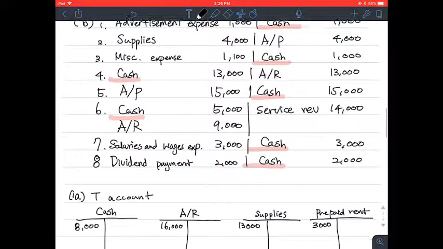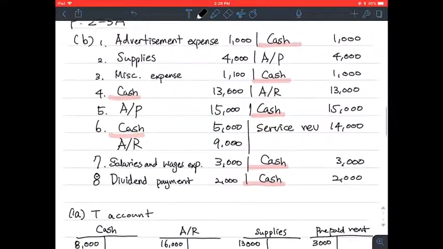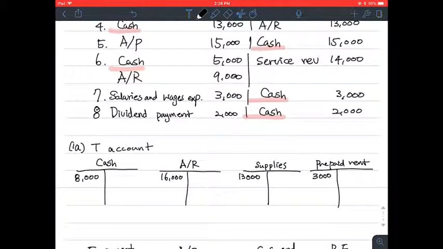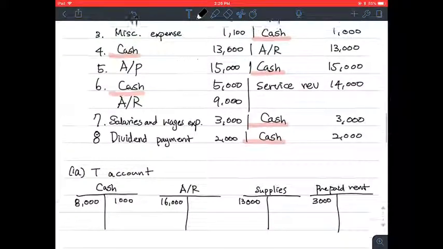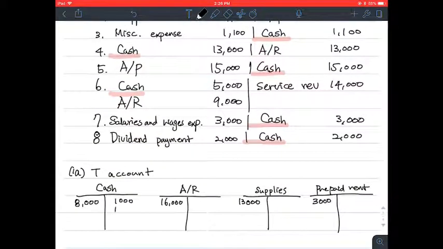So we just simply put all the cash down. So first 1,000 on the credit side. 1,000. Check. And another 1,000. Oh, it should be 1,100. Sorry. 1,100.